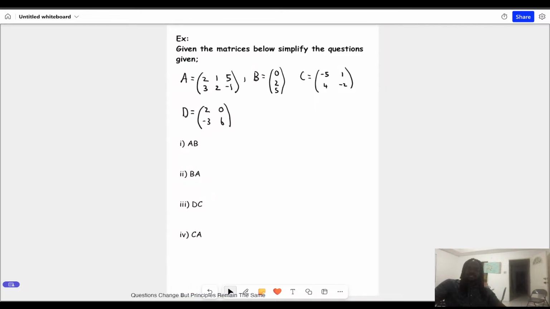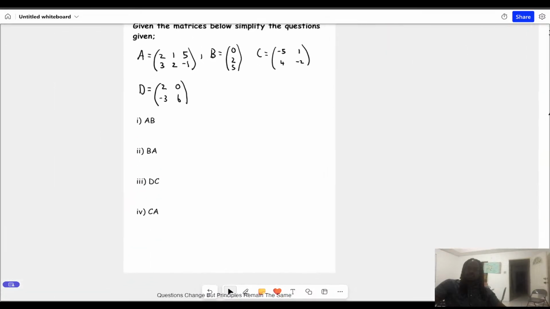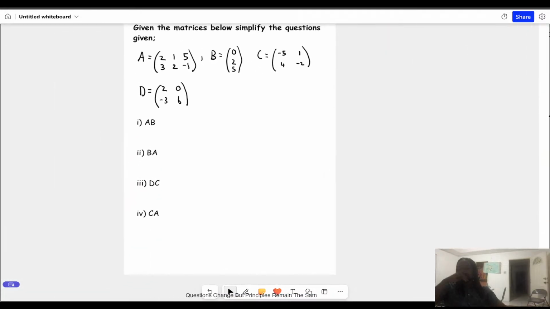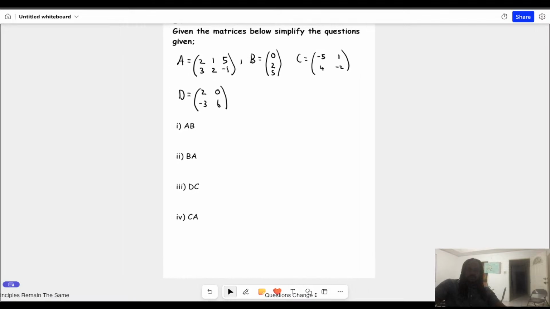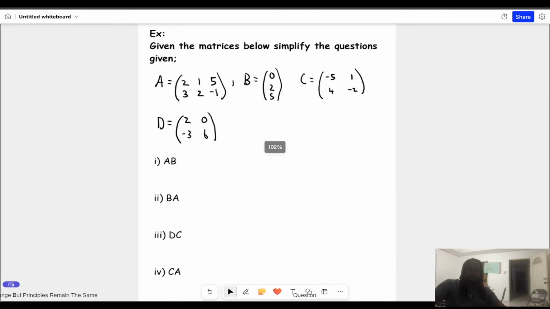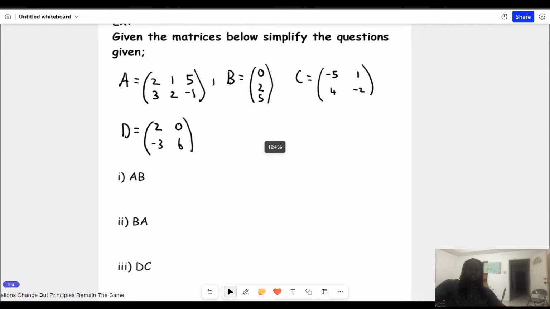Alright, let's go again. So examples, and then there are some past paper examples for you to try. Some simple examples first. Given the matrices below, simplify the questions given.